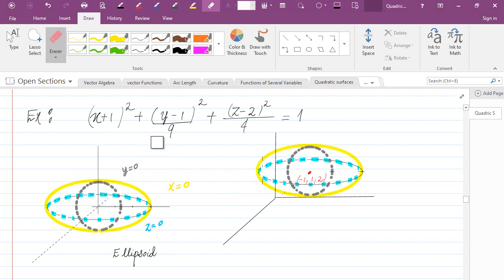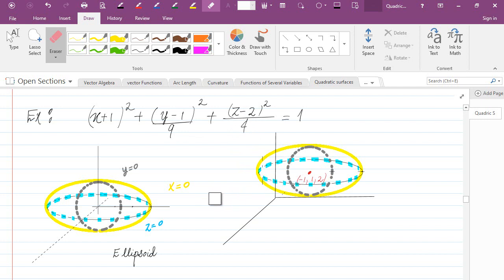What you're doing is translating this ellipsoid in the x direction by -1 units, in the y direction by 1 unit in the positive direction, and in the positive z direction by 2 units. If you translate that, this is the ellipsoid that you get.